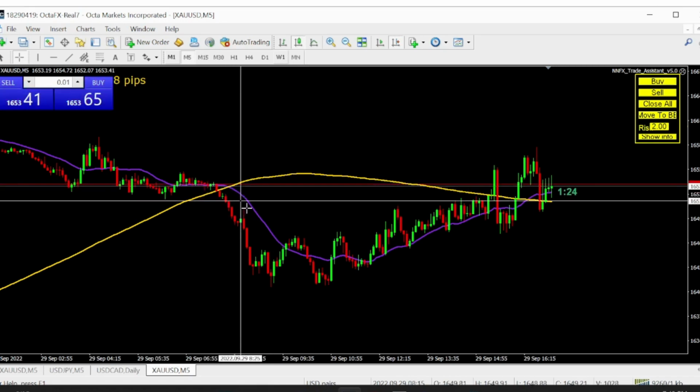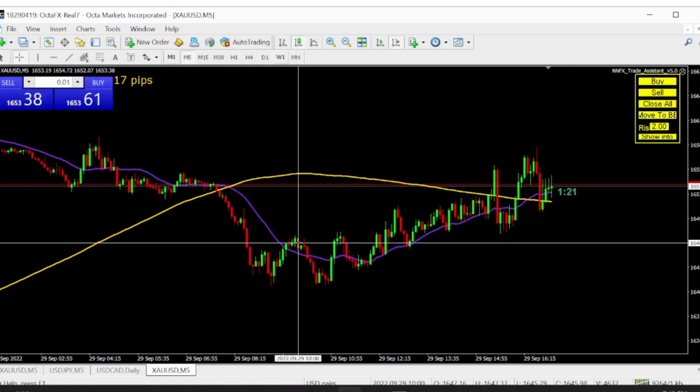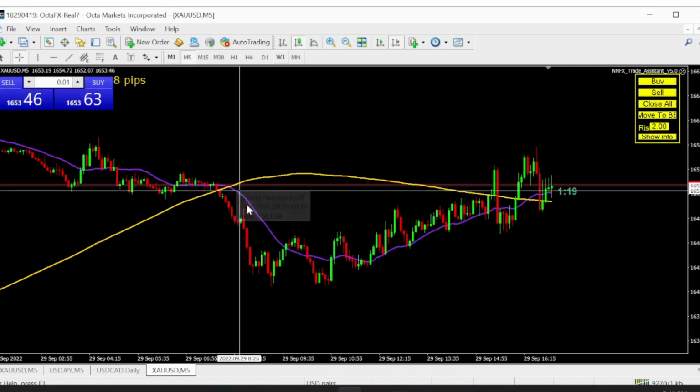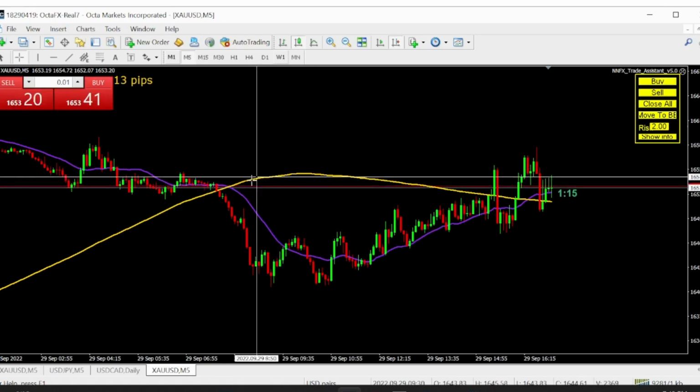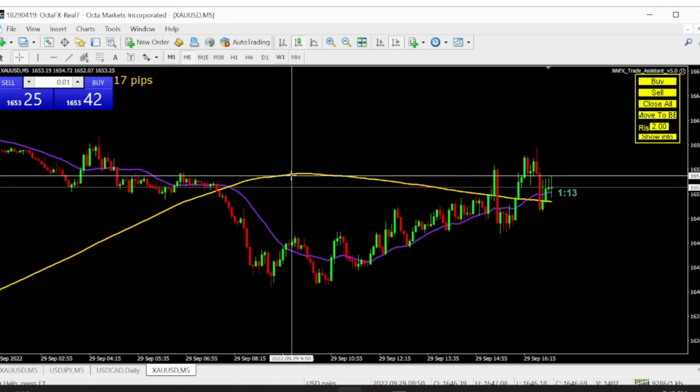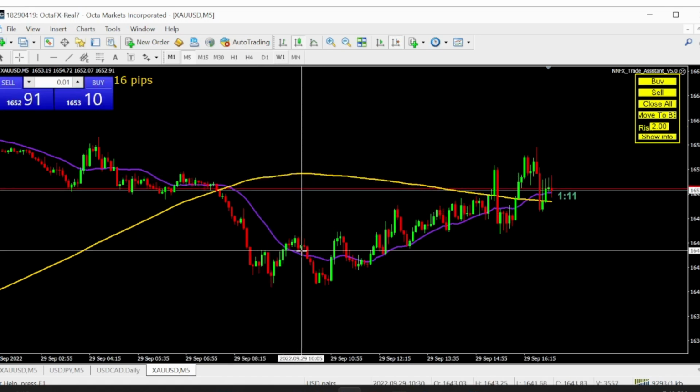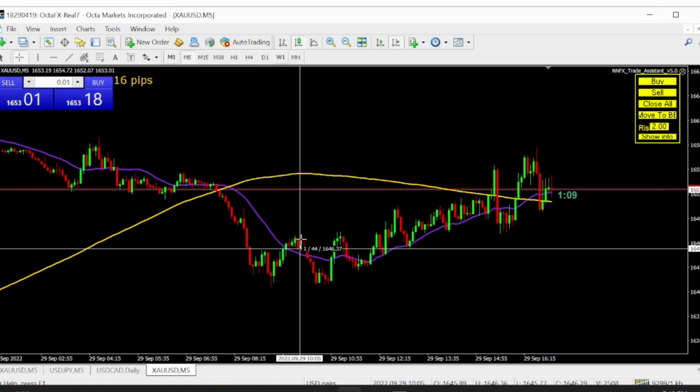Your price is near the 20-period moving average, your 20-period moving average is declined, and all the events are happening below the 200-period moving average. So again, we make a sell entry here. Our stop loss is 18 pips, and we again can book this 40 pips profit.